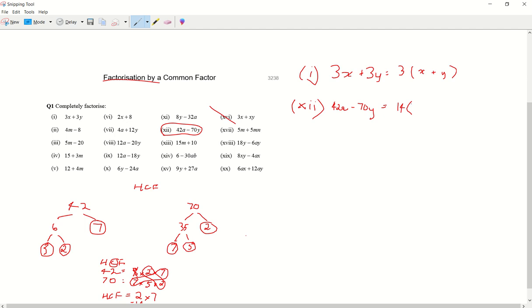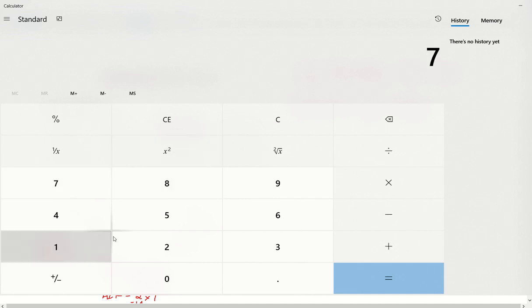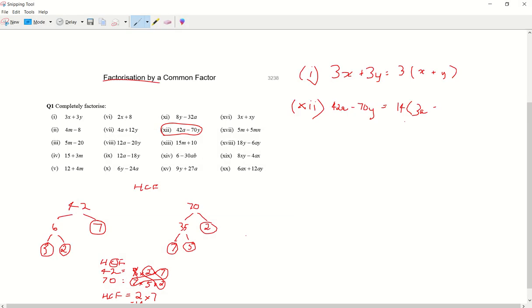And then the letter A. And 70. How many times does 14 go into 70? So 70 divided by 14, 5. And then the letter.